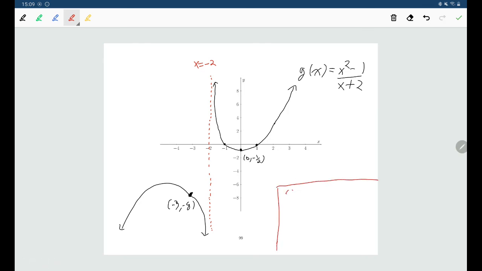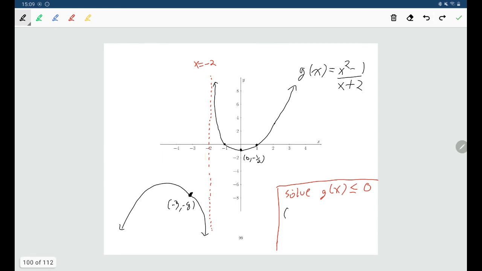So if we're solving g of x being less than or equal to 0, we're interested in where you are below the x-axis or at the x-axis, and for the solutions for this, there are two regions. Everything from the far left up to -2, you are below the x-axis.